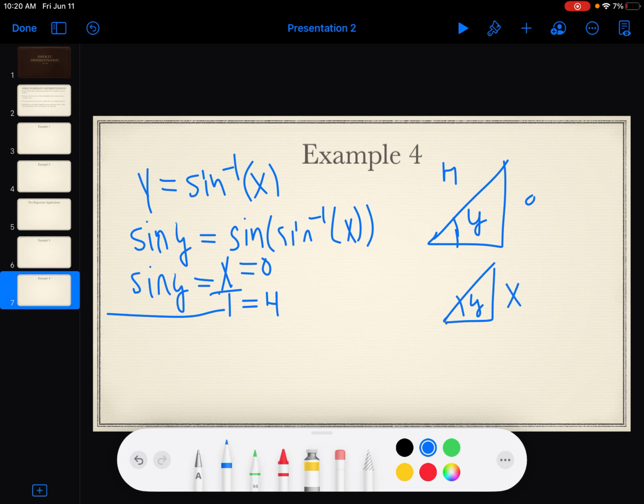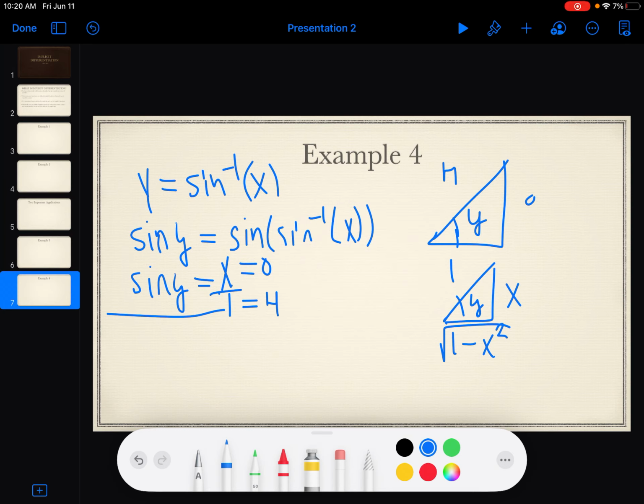If my opposite side is now x and my hypotenuse is 1, then I can figure out my adjacent side because this is a right triangle, using the Pythagorean theorem. It's just the square root of 1 minus x squared, right? Using a squared plus b squared equals c squared, we rearrange and we get the adjacent side.